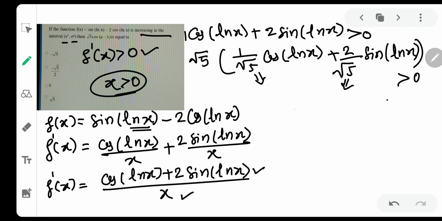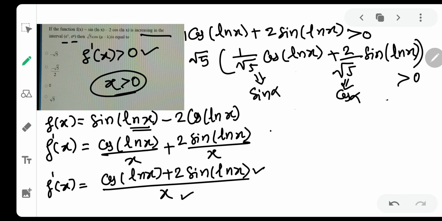Let us do it orally. 1 by root 5 the whole square, 1 by 5. 2 by root 5 the whole square, 4 by 5. Just add them, 4 plus 1, 5 by 5, 1. So they can be considered as sin α and cos α, because we already know that sin square α plus cos square α is 1. Now what you see in front of you is sin a cos b plus cos a sin b, and there you go.